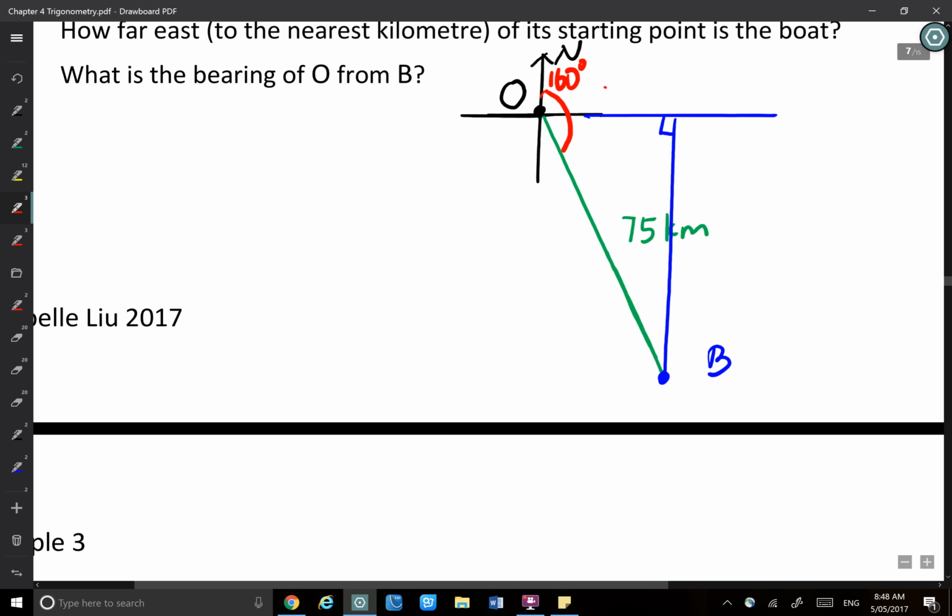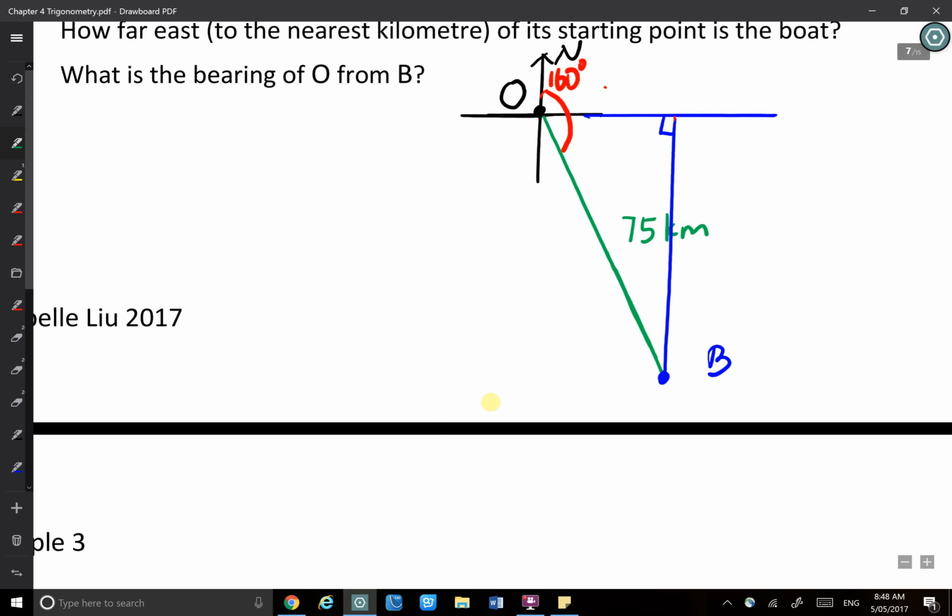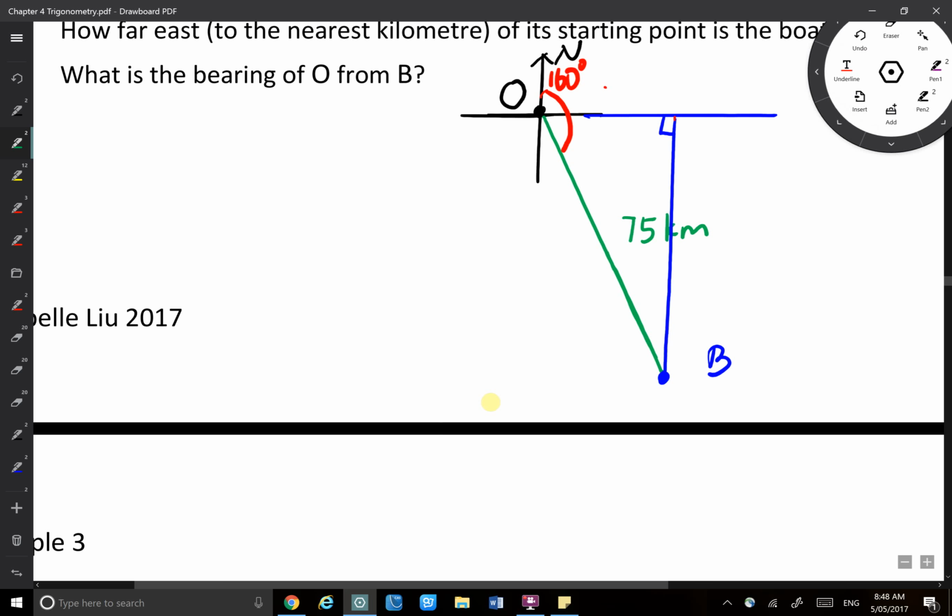So I have moved to the east this much. This is due east. And this part is how far I move to the south.